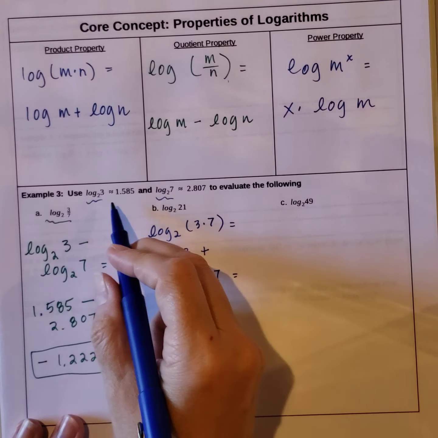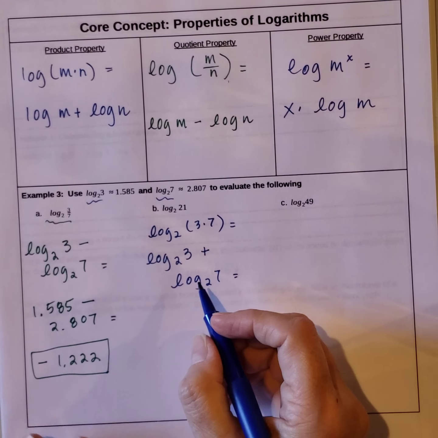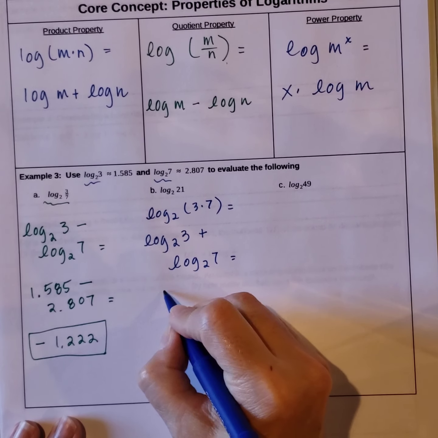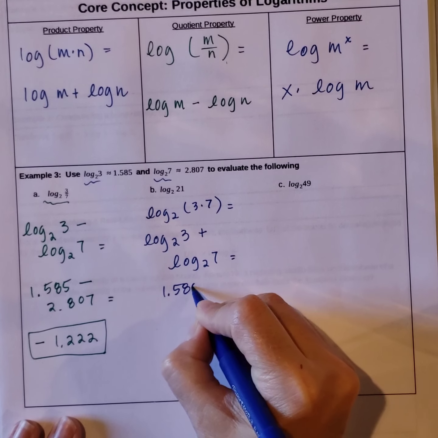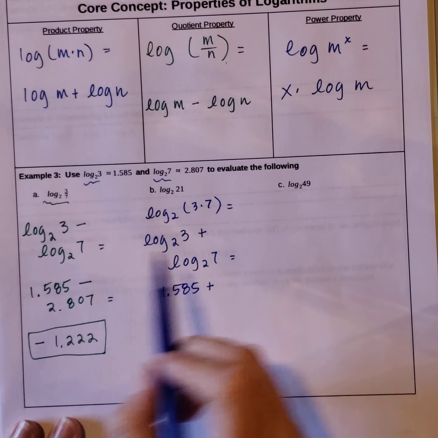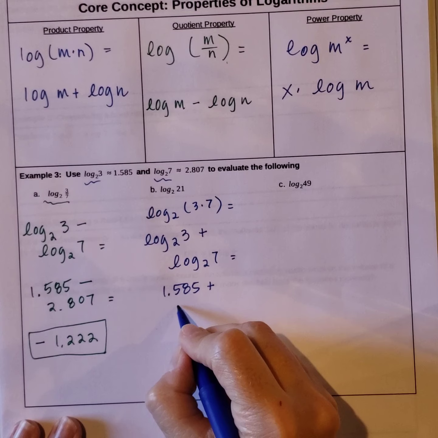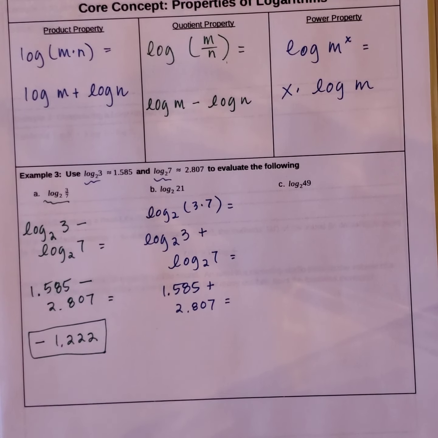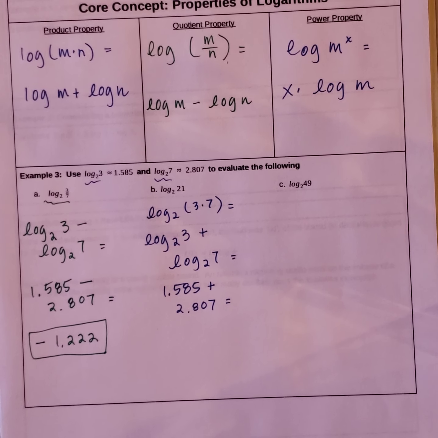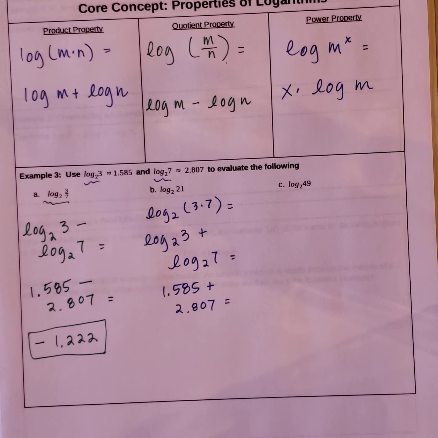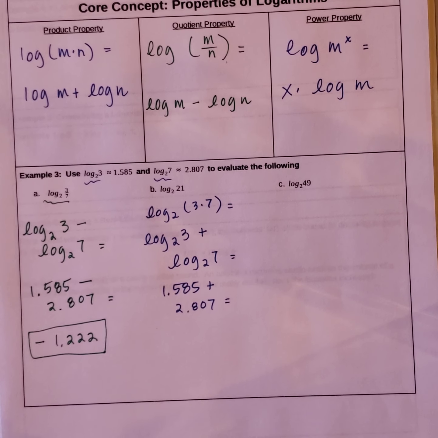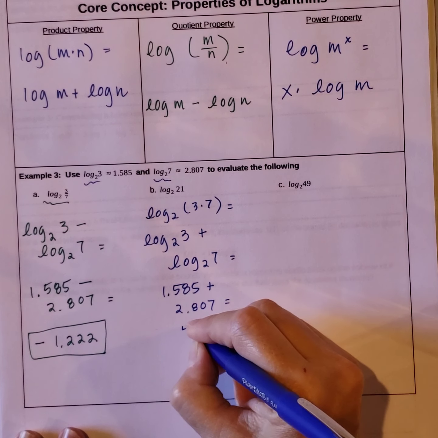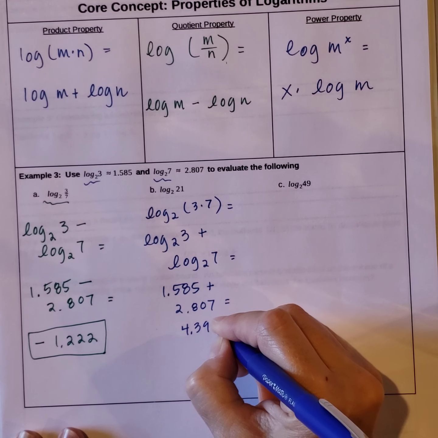Now I'm going to take the values that I was given for those two logs. Log base 2 of 3 is 1.585 plus log base 2 of 7 is equal to 2.807. I will add those two together, and it gives us 4.392.